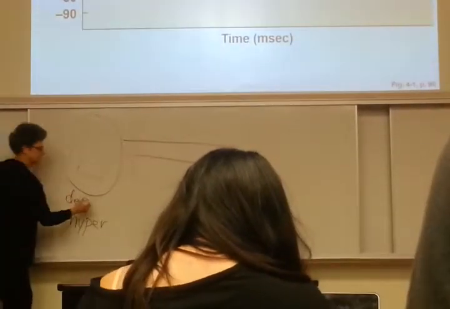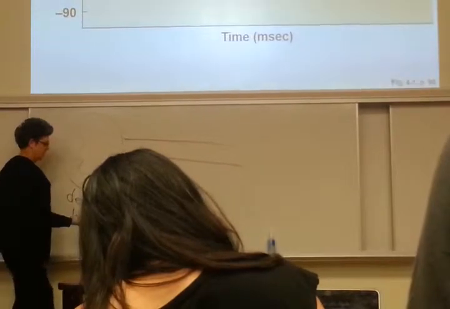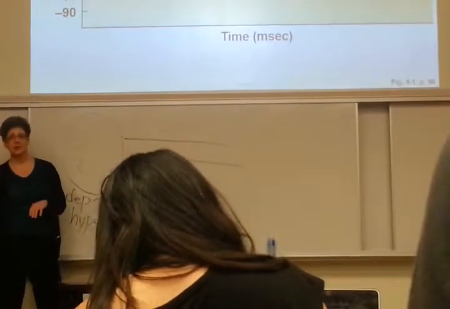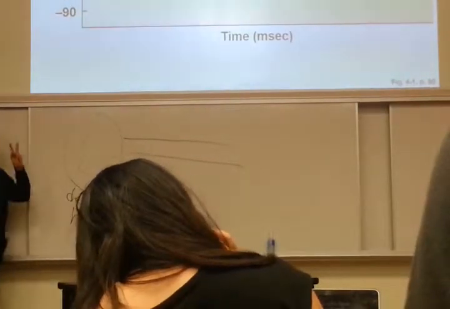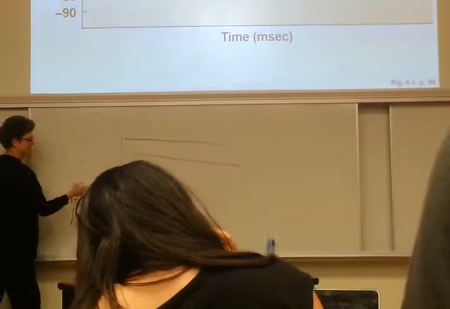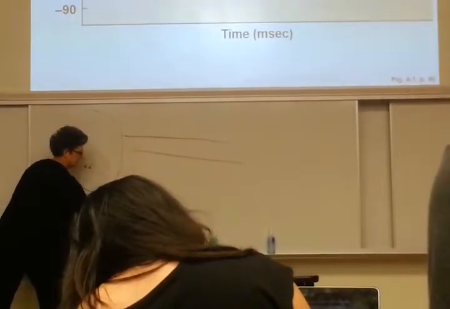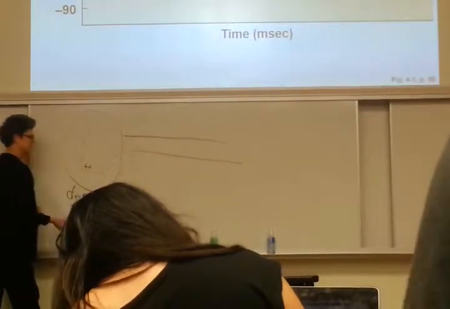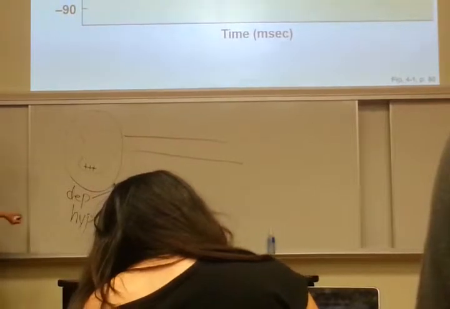Depolarizing graded potentials, you have to have an increase in positive charge. So right now you only have 2 ions, well actually 3, that you have to think about. Sodium: if sodium comes in, so increase sodium inside the cell, you have a depolarizing graded potential.